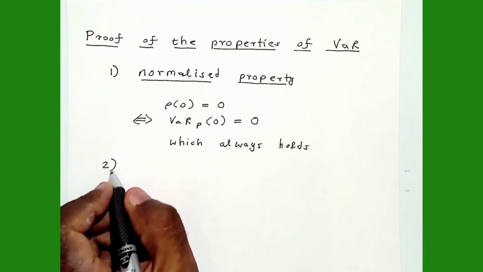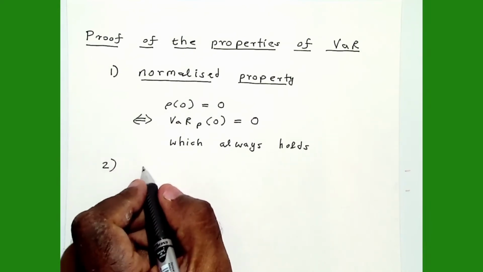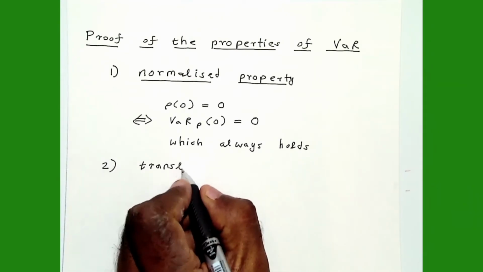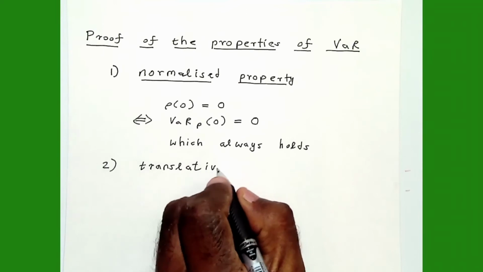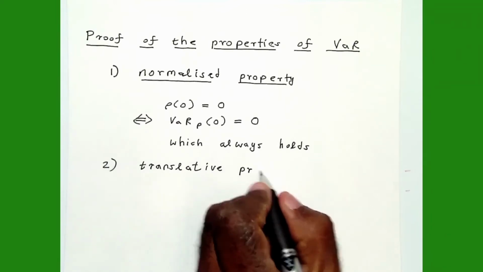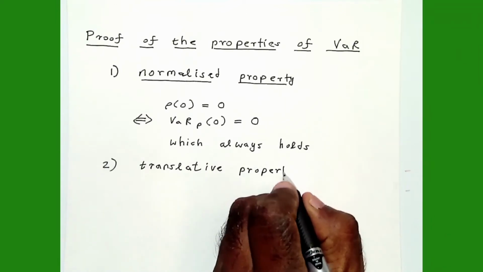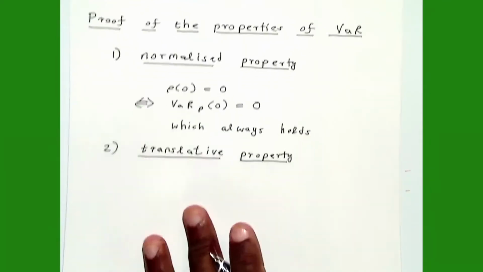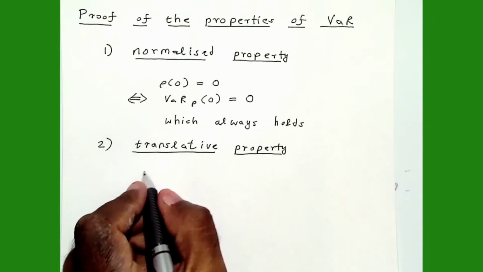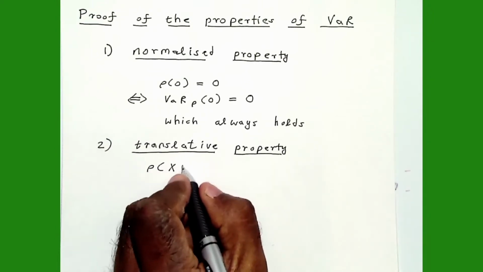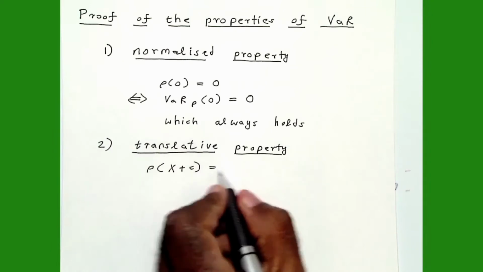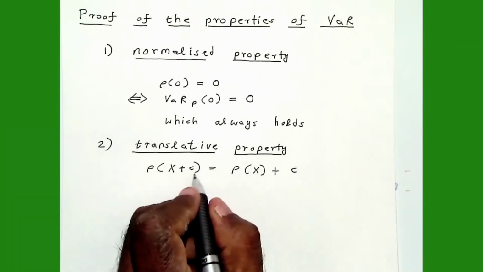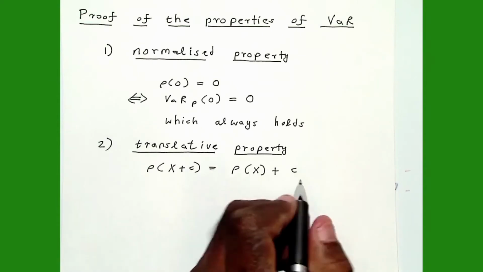The second property we must prove is the translative property. As you may recall, this is the translative property, that we must prove that rho at X plus c, where c is a constant, is equal to this.